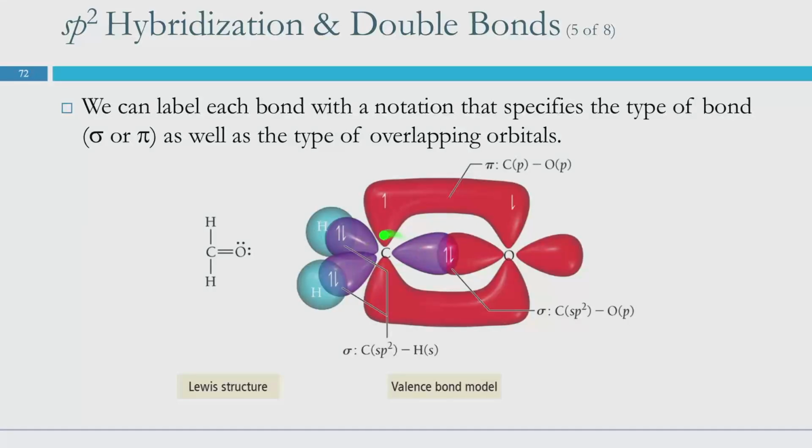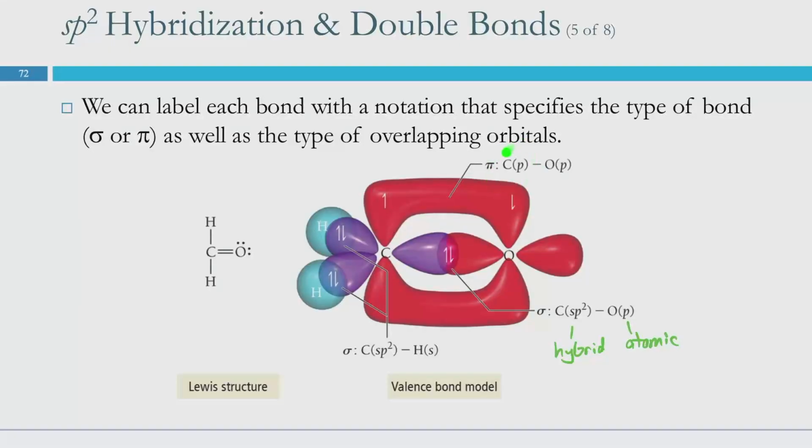So for our CO sigma bond, the sigma is the direct overlap bond. It's our sp2 from our carbon, and it's the p orbital from our oxygen. Just one of our atomic p orbitals. We don't have to specify which one.